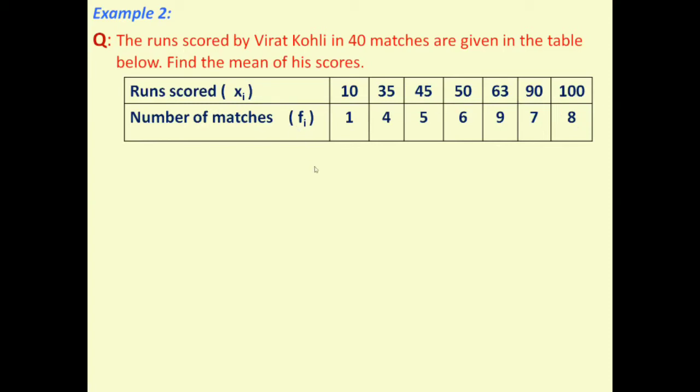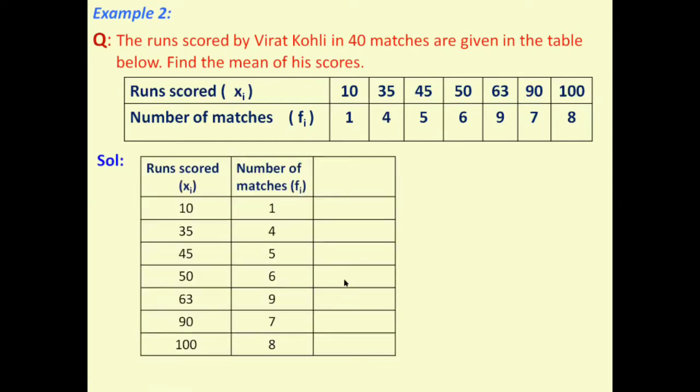This data is given in horizontal form. To find the solution, we have to write the horizontal form into vertical form for our convenience. Here we have to fill the last column by finding fx. We multiply the first column and the second column of each row. 10 times 1 is 10.